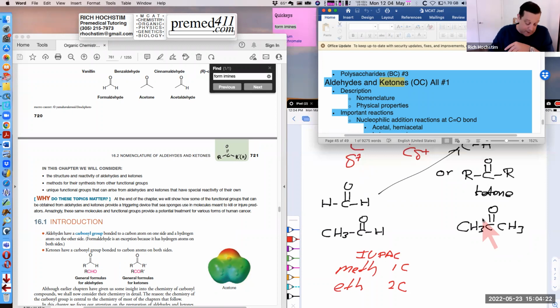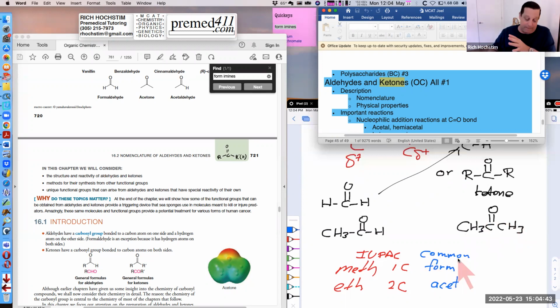But in the common system, which was developed first, when we have one carbon, that's going to be form. And when we have two carbons, that's going to be acet. And you don't need to go any further than that with the common naming.